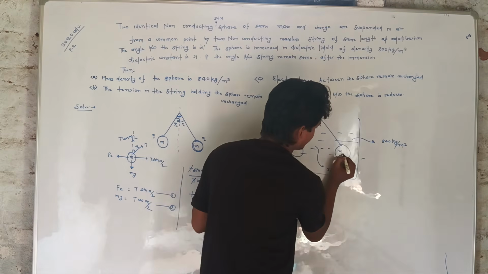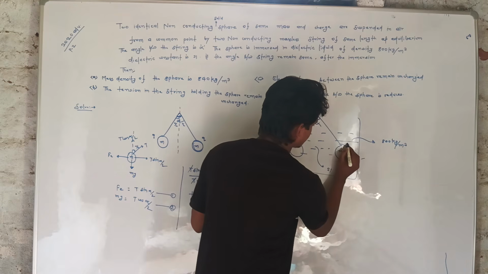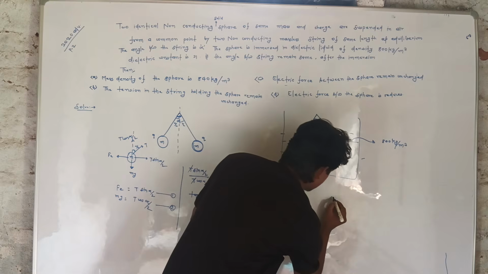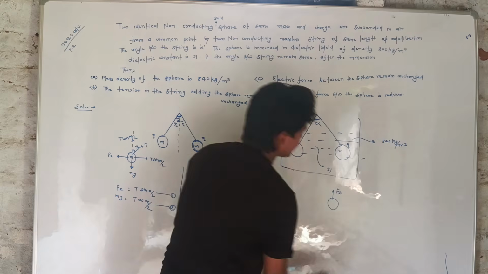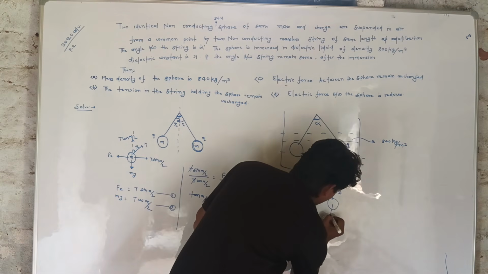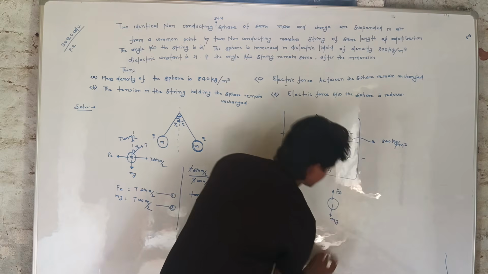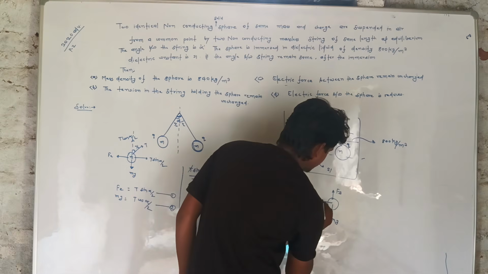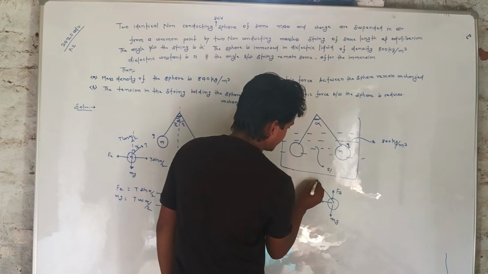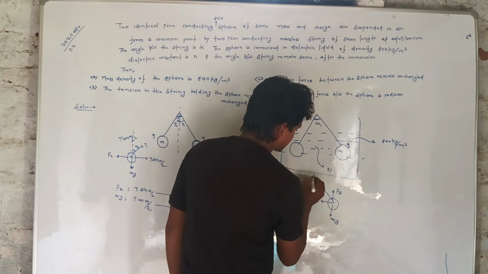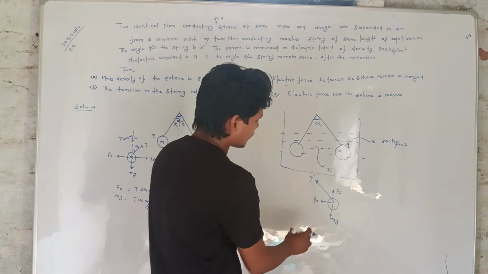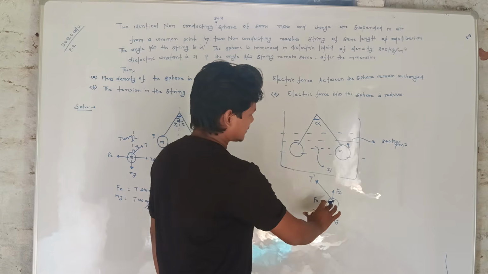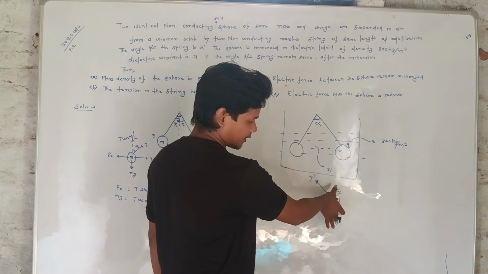If we draw its FBD, vertically upward is the buoyant force, which we denote by FB, and due to mass there is the vertically downward force mg, and the electrostatic force is the same, that is Fe, and the tension in the string we call T dash. Now here we break the tension into two components, one along the Fe direction and the second along the vertical direction of FB.